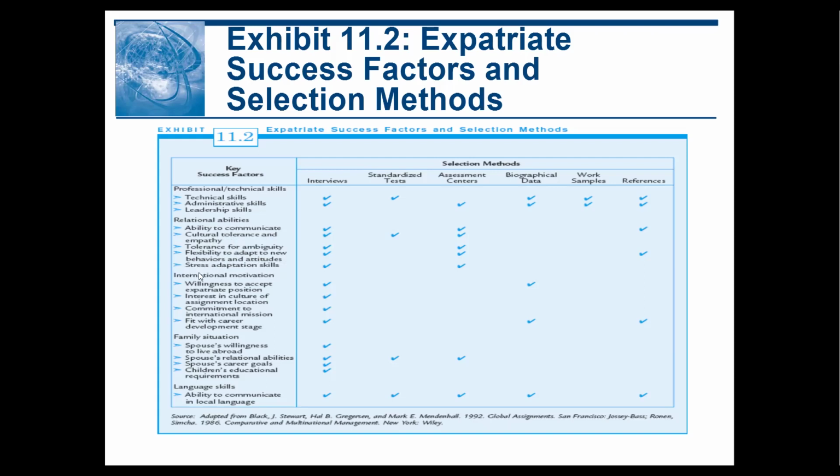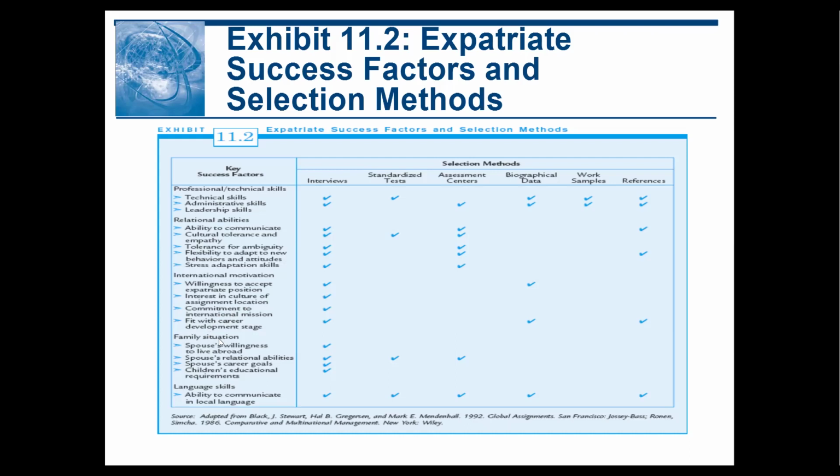And we need to measure international motivation: willingness to accept the expected position, interest in the culture of the assignment location, commitment to the international mission, and fit with the career development stage.